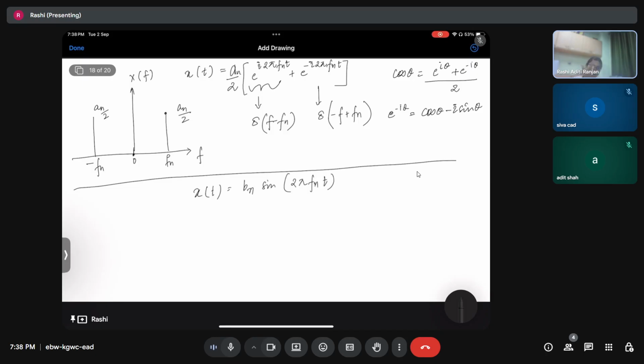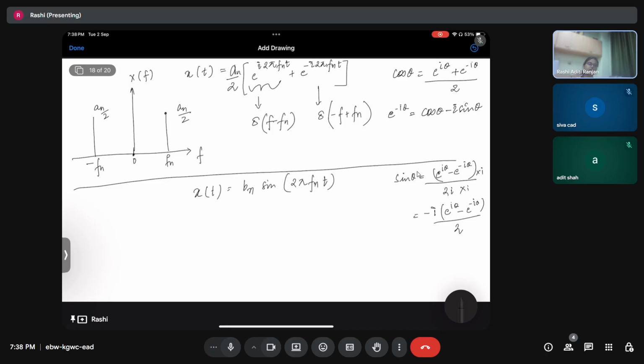Now, similar to how we wrote cos theta, we can write sine theta as e to the power i theta minus e to the power minus i theta divided by 2i. And if I now multiply and divide it with i, we are going to get minus i times e to the power i theta minus e to the power minus i theta, divided by 2.